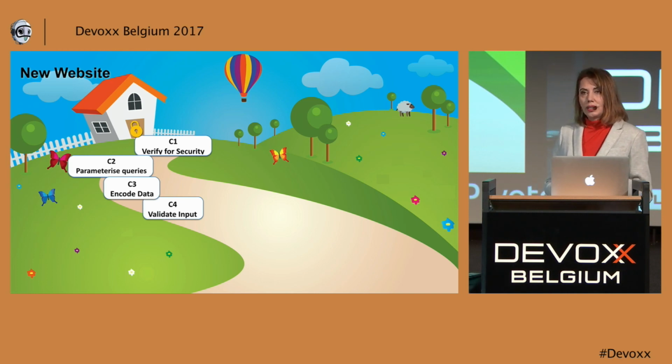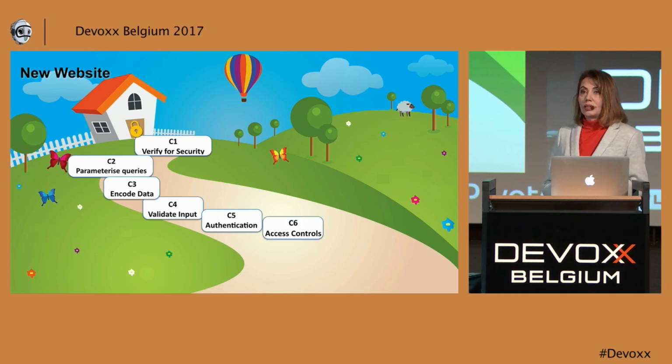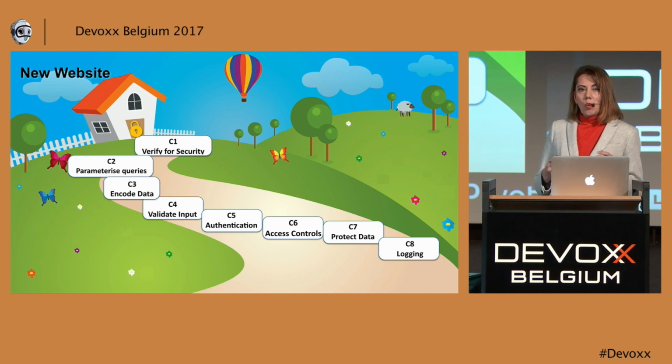XML external entity, insecure deserialization and cross-site scripting. We implement appropriate access controls, authentication and access controls. We protect the data both at rest and in transit. We implement logging in conjunction with a well-designed intrusion detection system to give the software the mechanism to respond in real time to possible identified attacks.